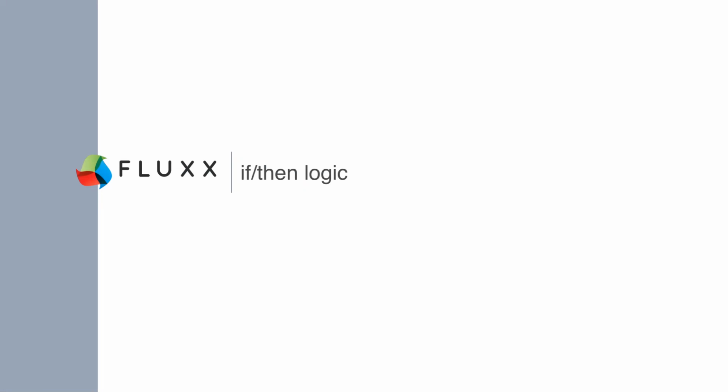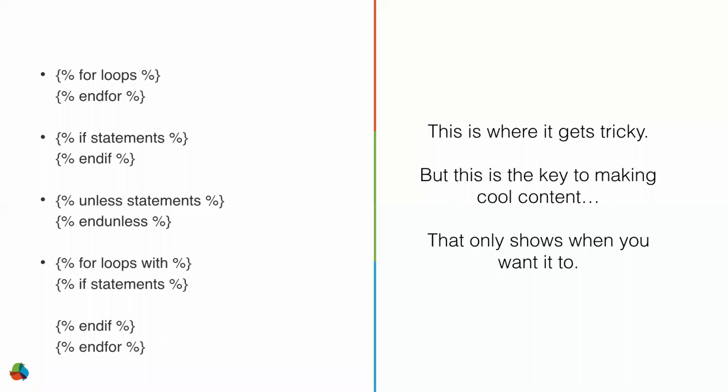So moving along into some if-then logic. We'll be going over how to optimize your Liquid code using conditional statements. So conditional statements, let's start with those. The more you delve into the world of Liquid, you may encounter someone like me telling you conditions this, loops that.